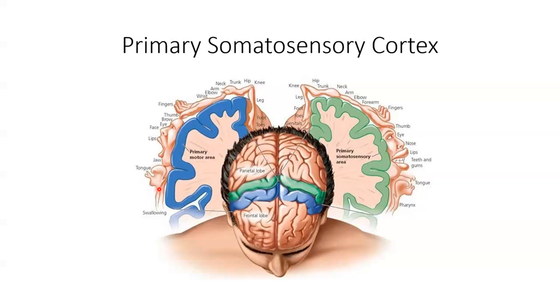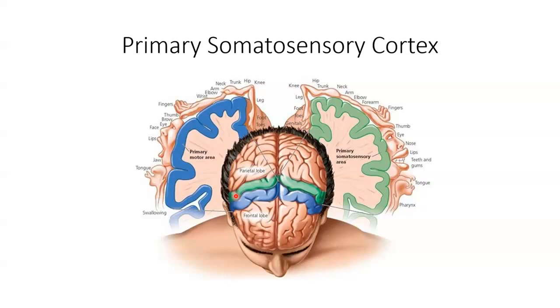Our primary somatosensory cortex, or primary somatosensory area, is located immediately posterior to the primary motor cortex. It sits in our post-central gyrus, so this green part here. And the primary somatosensory cortex receives nerve impulses for touch, pressure, vibration, itch, tickle, temperature, pain, and proprioception.